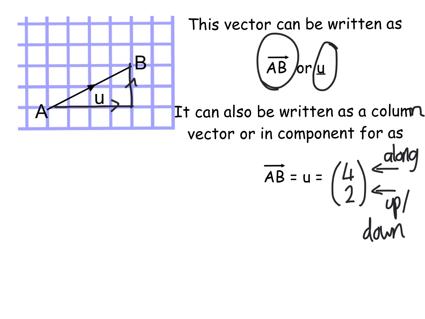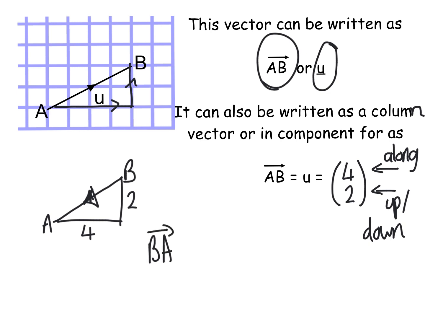Similarly, if I was going backwards, so if I had this same vector again, but this time we were going from B to A, so my arrow would be going that way. From B to A would be down 2 and back 4. In component form, remember you always do your along number first, so we'd be going along 4, but that would be back 4 because you're going in the negative direction, and then you would be going down 2.